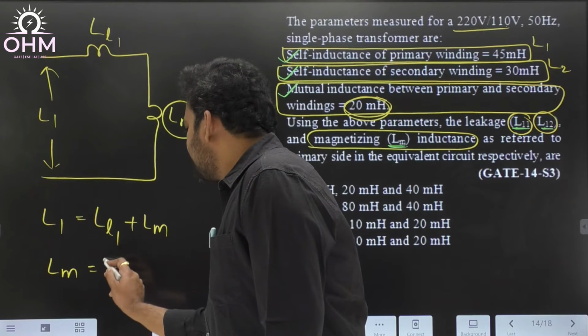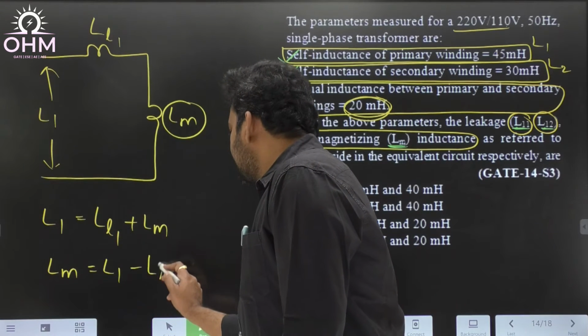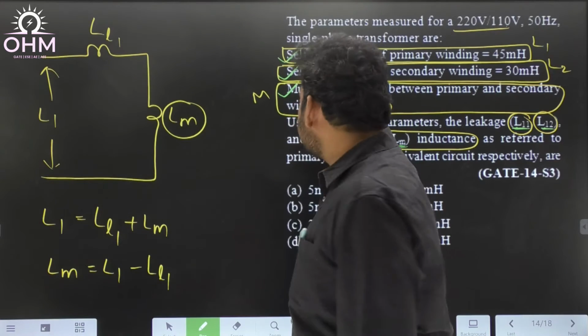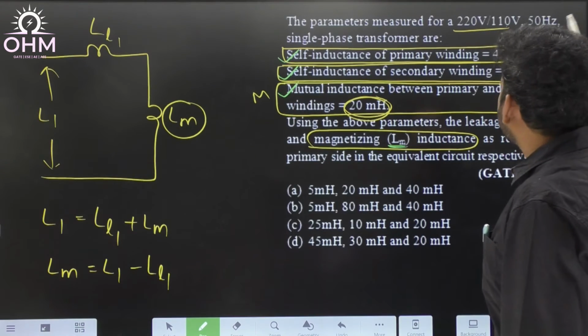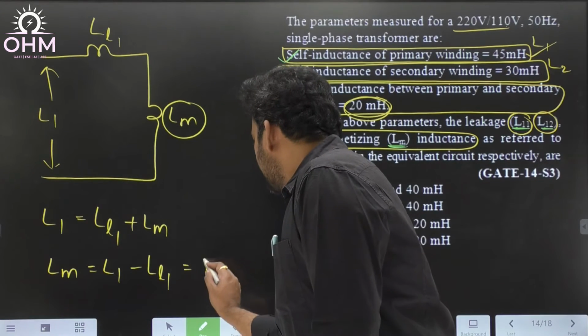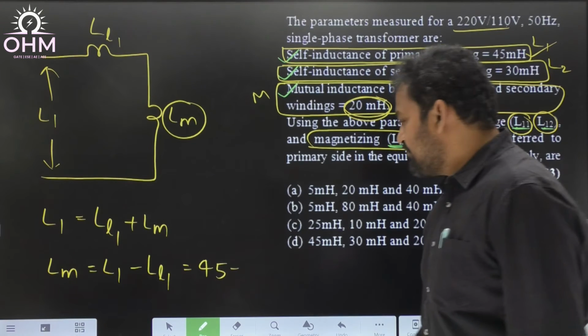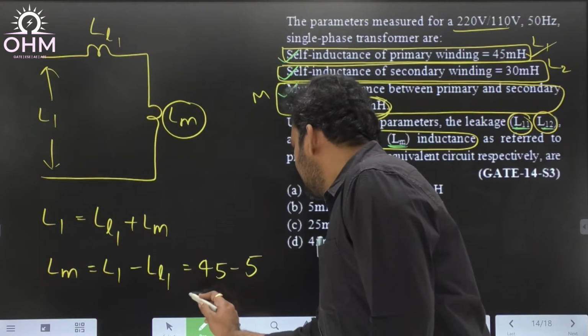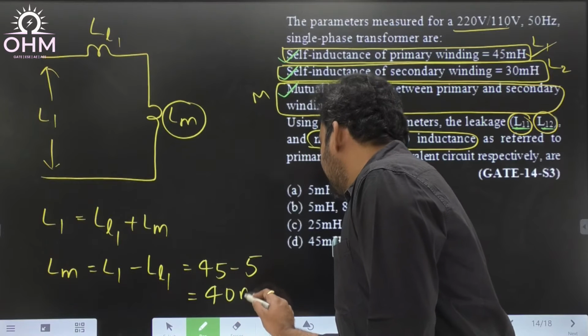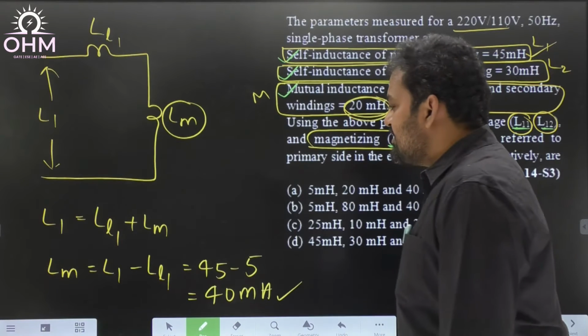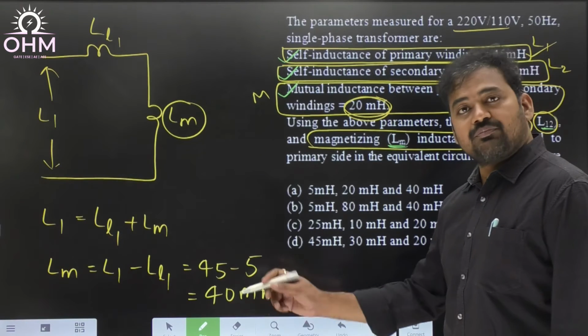From that, what is the magnetizing inductance? Total inductance minus leakage. What is the total inductance on primary? 45. So this is 45 minus, what is the leakage inductance on primary? We found 5 millihenries. Therefore, the answer is 40 millihenries. That is the magnetizing inductance on primary.